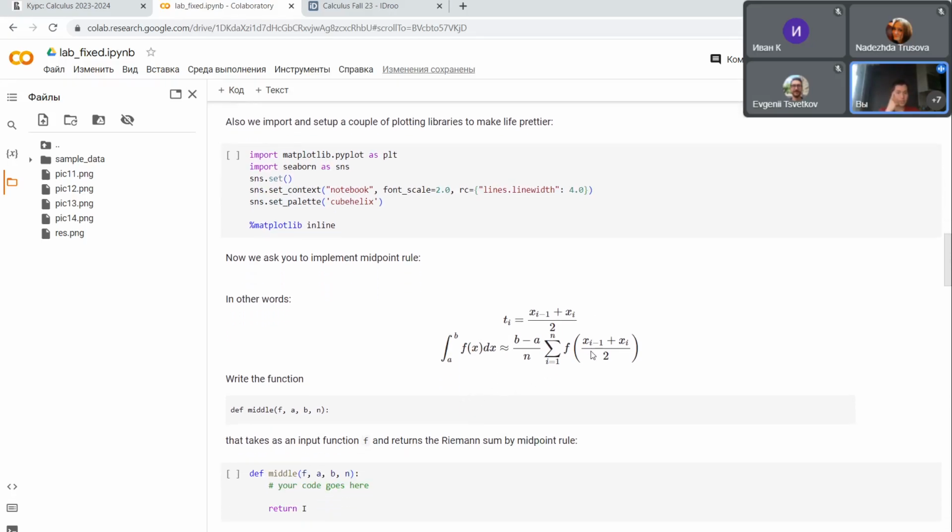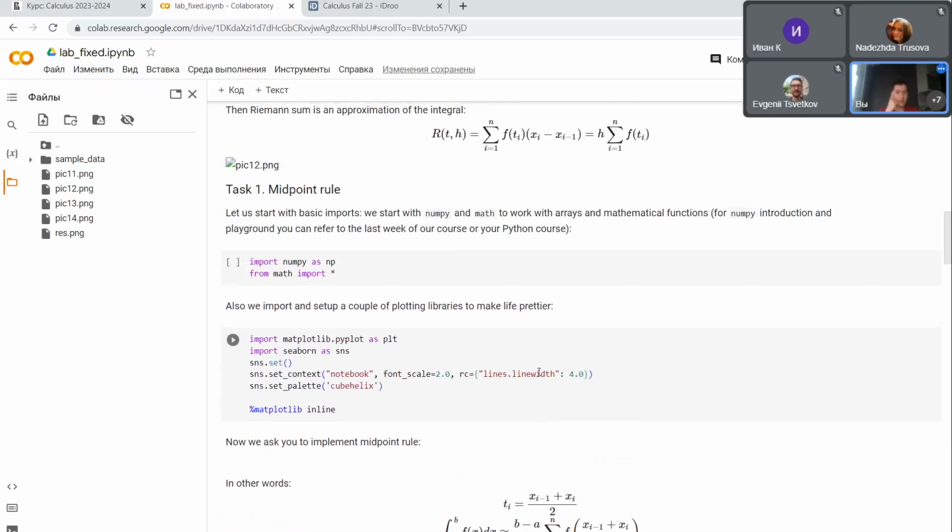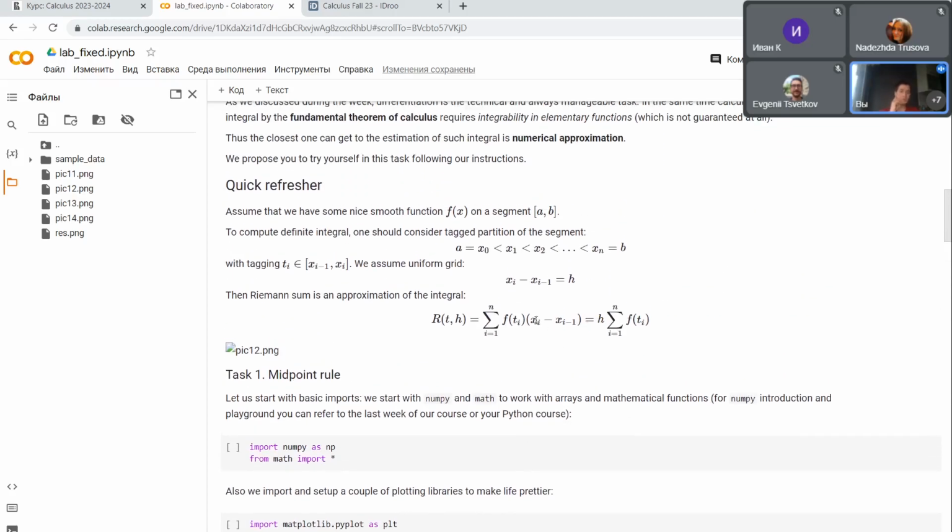So in this setting, if we take a uniform partition of a segment, the distance between all the x_i and x_{i-1} is the same value, like h, some value of step.